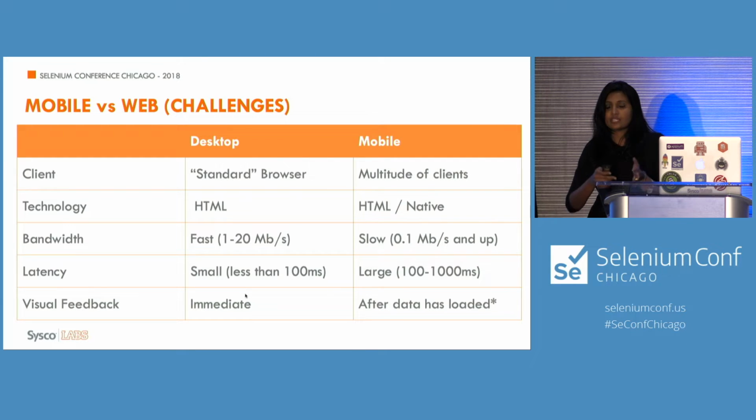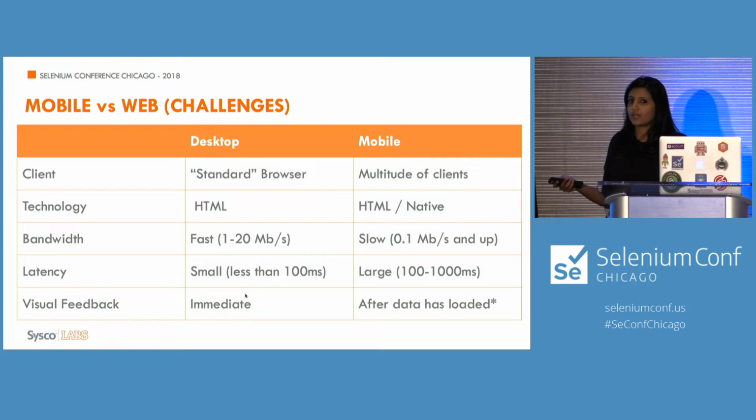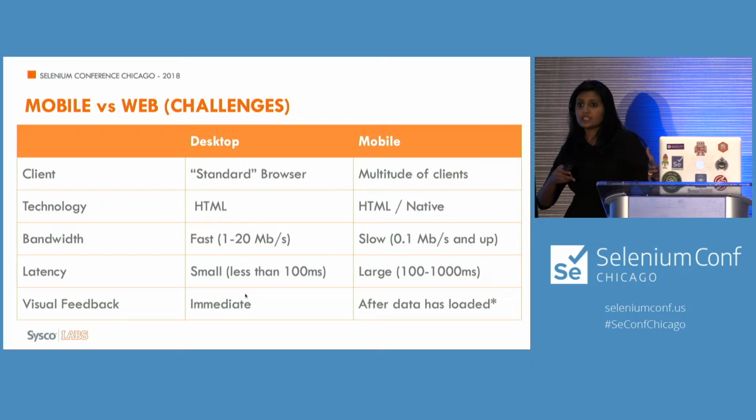As you see, when we talk about mobile, there are multiple clients. When I say multiple clients, you will be wondering, okay, there's iOS, there's Android, there are a few other operating systems. What is she talking about? No, it's multiple different mobile devices.